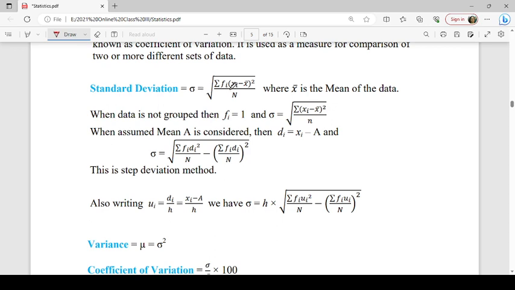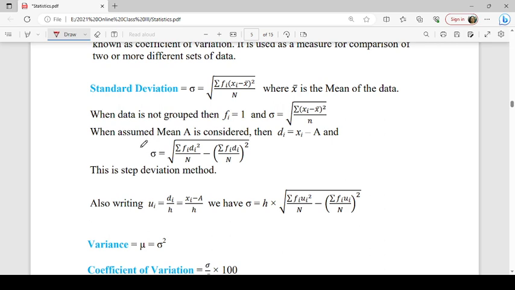and this is the standard deviation. When the data is not grouped, we consider all values individually. In that case, fi is always 1, so our formula is this one.